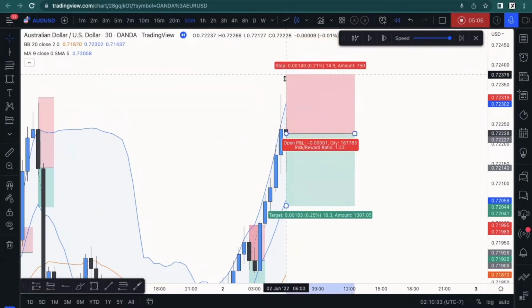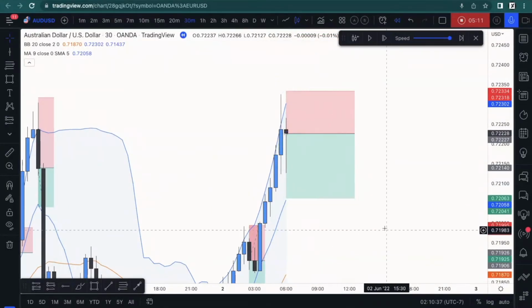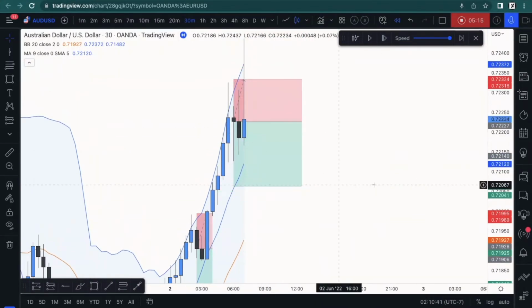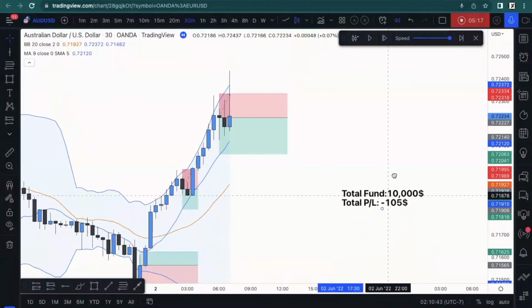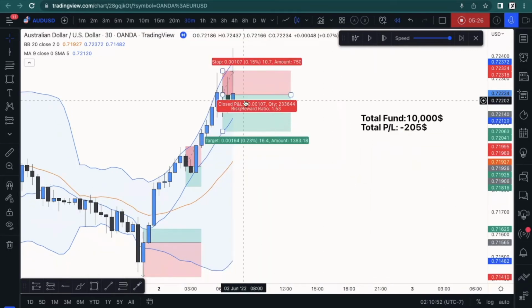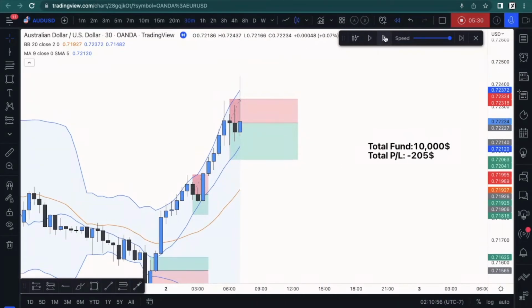Our stop loss would be above the swing high, and take profit level would be here. Okay, another loss for the strategy, so our total loss would be $205. For the time we are in June 2, so it's just been 2 days.